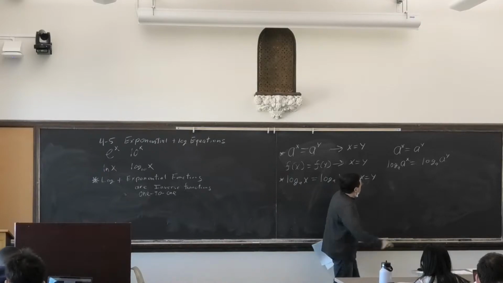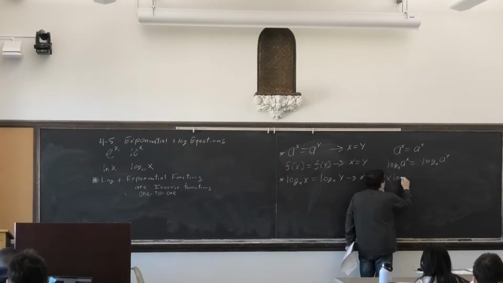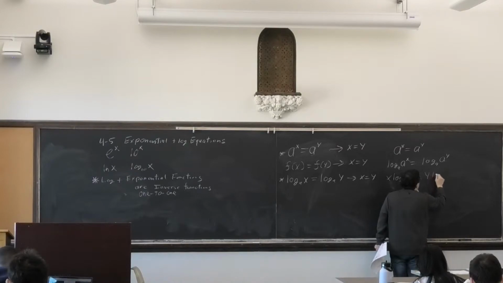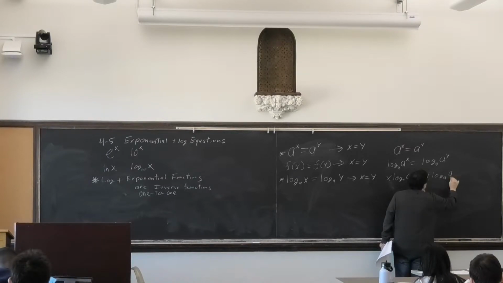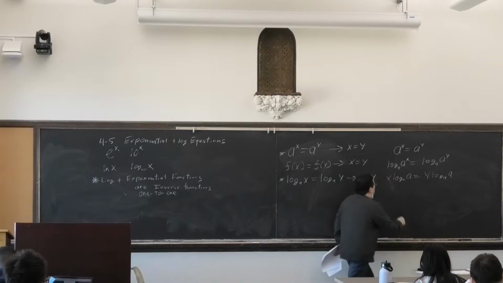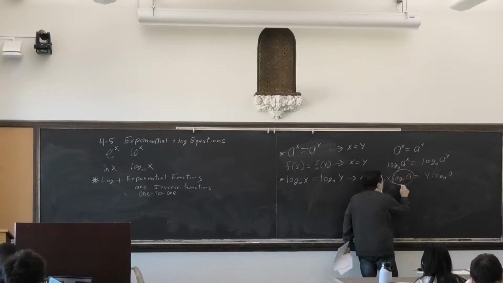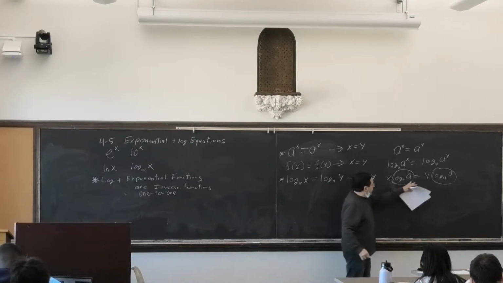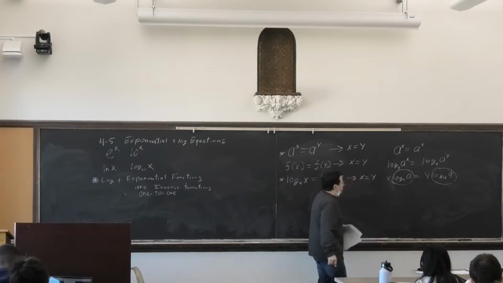Well, this is x log to the base a of a equals y log to the base a of a. You might recognize this identity as being 1, but regardless, we can divide it out and we get x equals y.